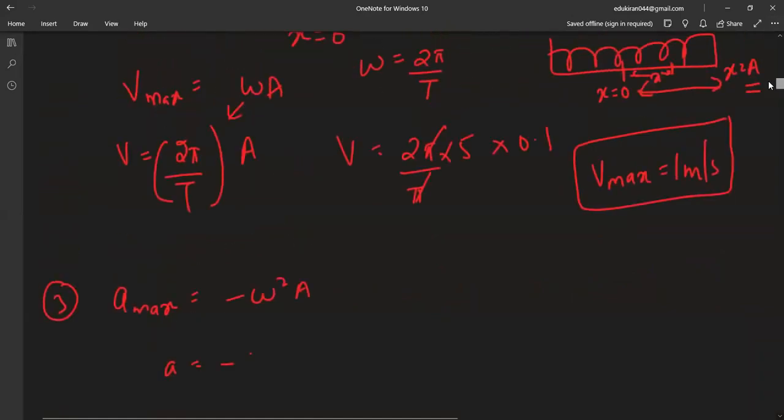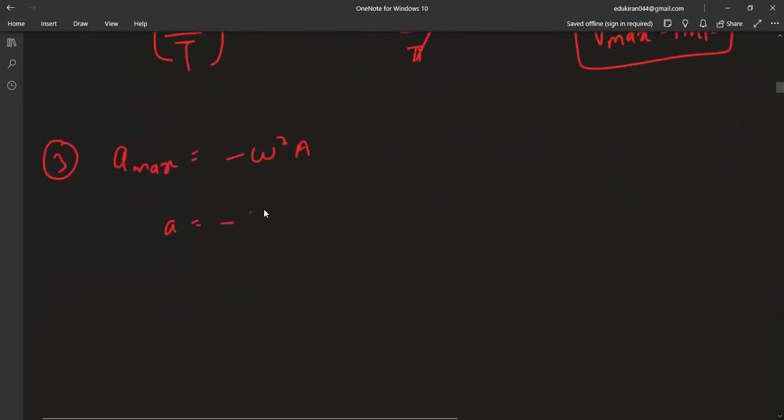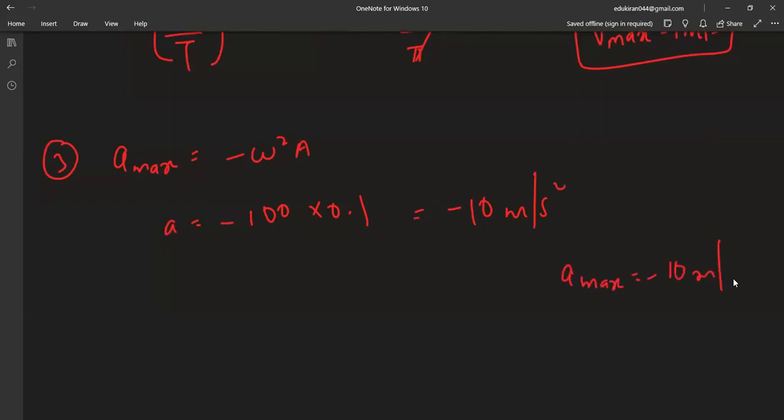That is 10. So 2 into 5 is 10. So 10 into 10 will be 100. So this will be minus 100 into 0.1, which is equal to minus 10. So maximum acceleration is minus 10 meter per second square.